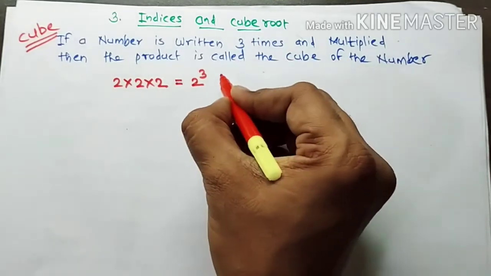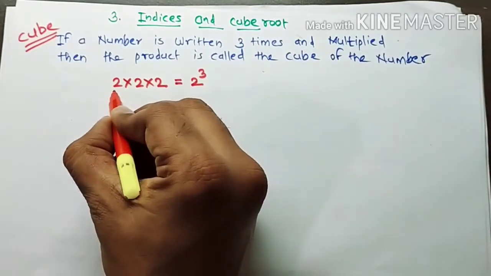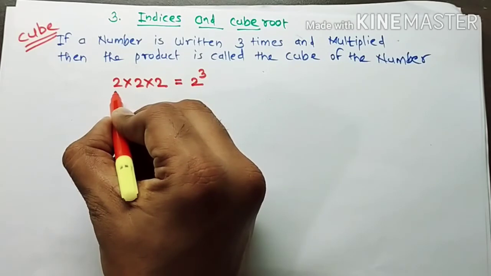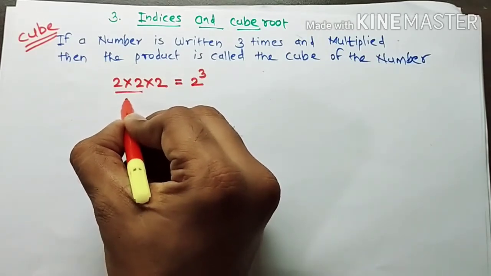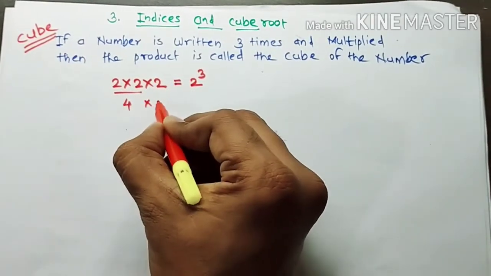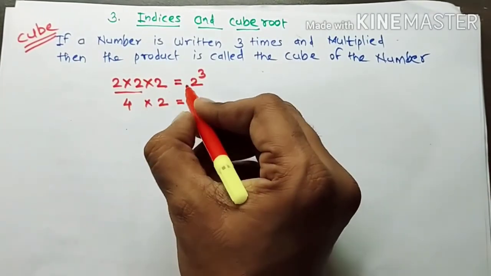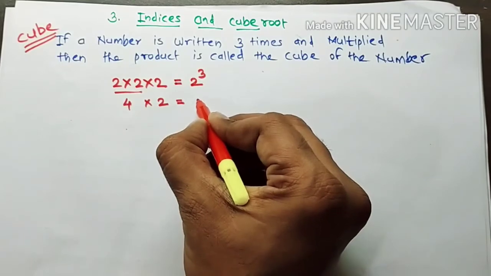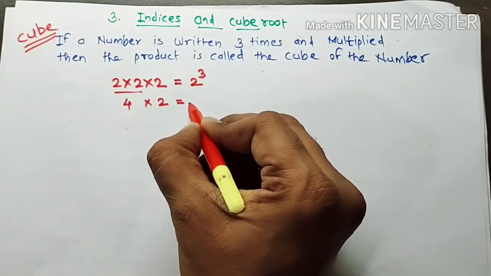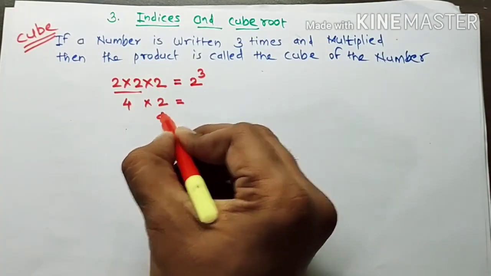But what is the value? 2 into 2 is 4, 4 into 2 is 8.